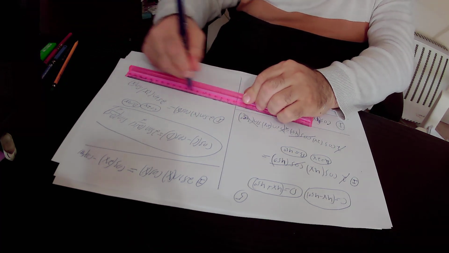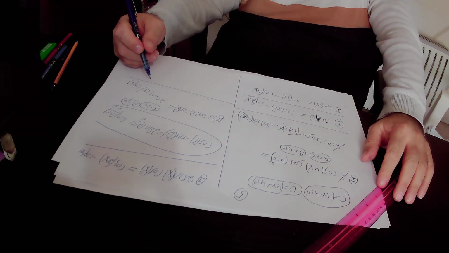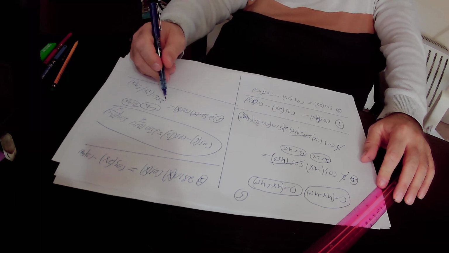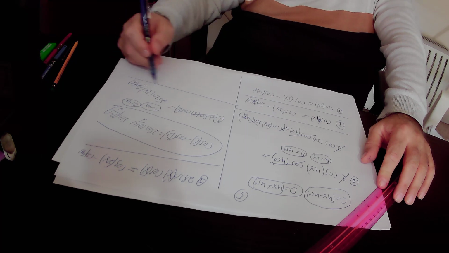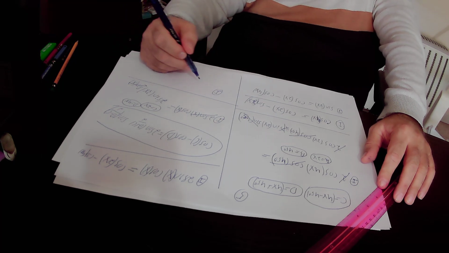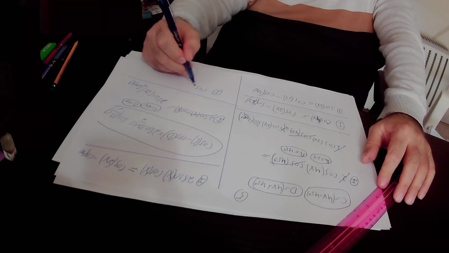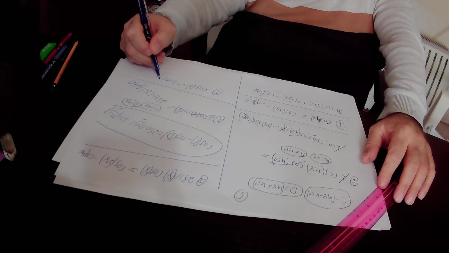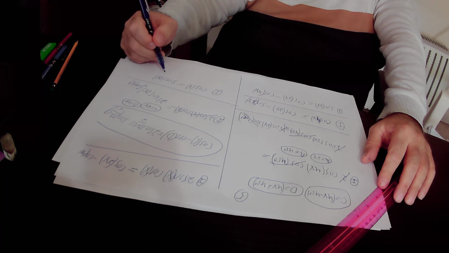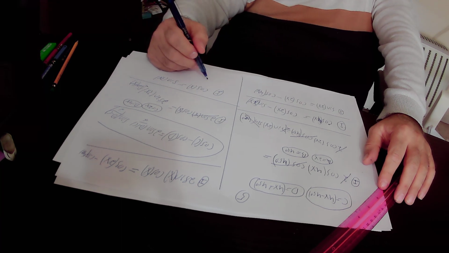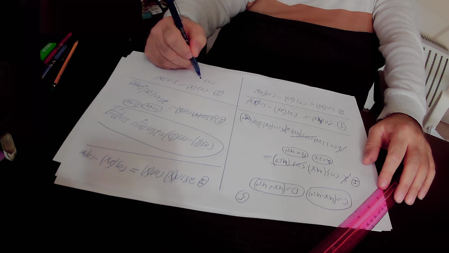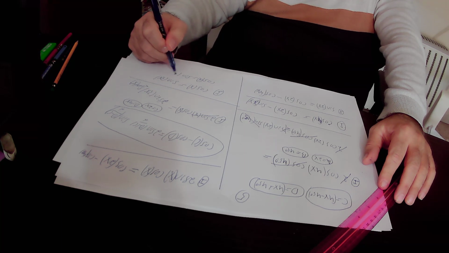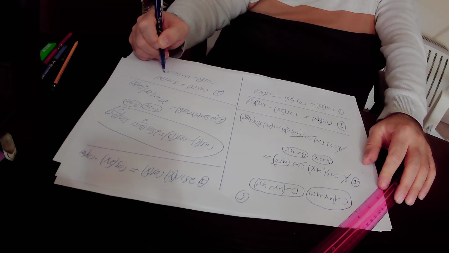So here we will divide this equation by 2 sine x, and here 2 sine x will get cancelled, and here also 2 sine x will get cancelled, and we will get that cosine x equals sine 3x. And we will use the trigonometric identity that cosine alpha equals sine 90 degrees minus alpha.